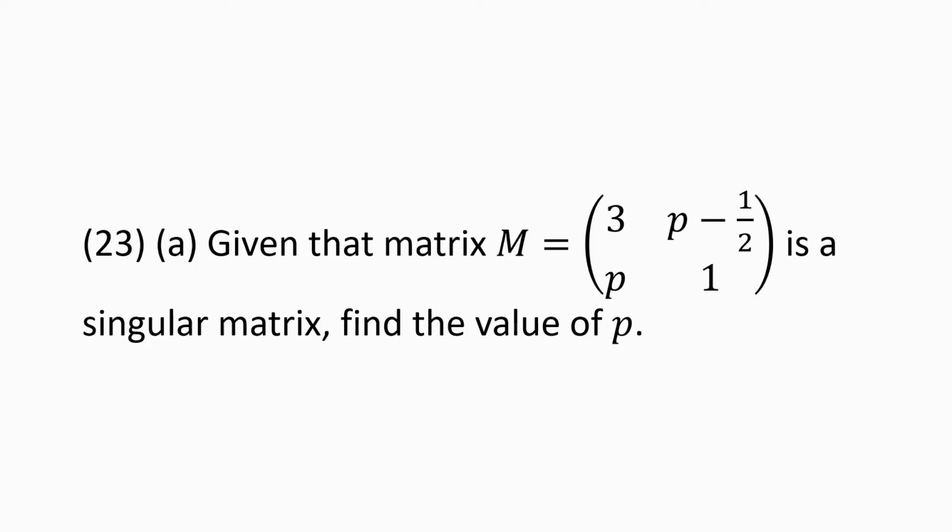Question 23a. Given that matrix M is equals to 3 P, minus a half P, 1, is a singular matrix, find the value of P. We have matrix M is 3 P, minus a half P, and 1. It is a singular matrix and we need to find the value of P. So for a singular matrix, its determinant is equals to 0.